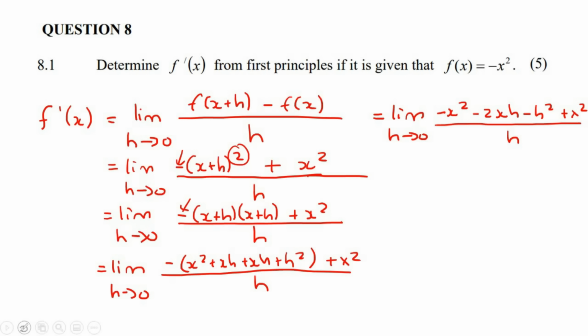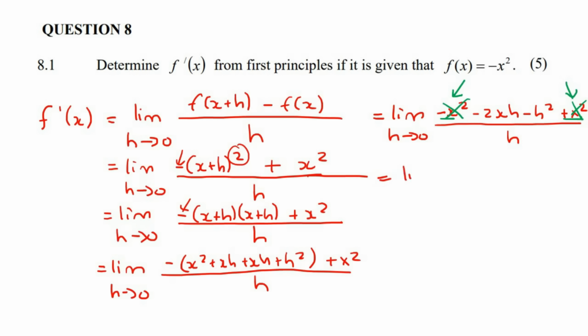If not, you've made a little mistake, and it's usually this negative where you haven't used it correctly. But have a look here. This doesn't have an h, and this doesn't have an h. And look at that. Negative x squared plus x squared, they cancel. That's good. Everything else that has an h does not cancel.